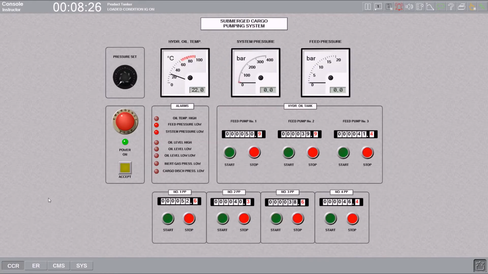Okay, starting to discharge. First, as usual, you are familiar with the Framo pump already, we have to start two feeding pumps. The feed pumps should arrange enough oil for the power packs.